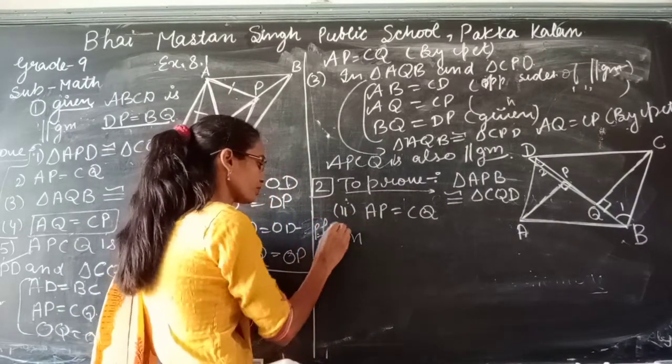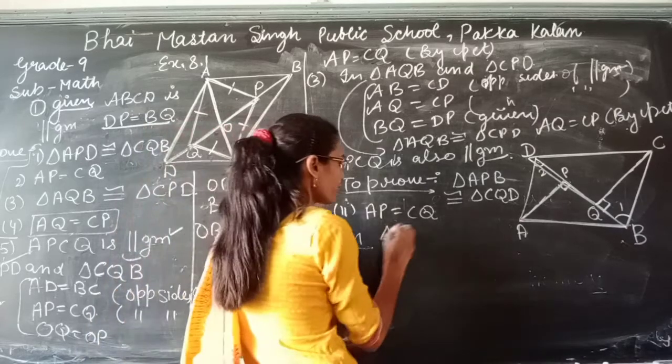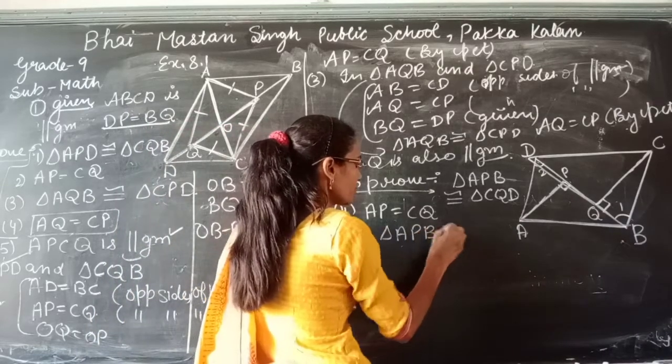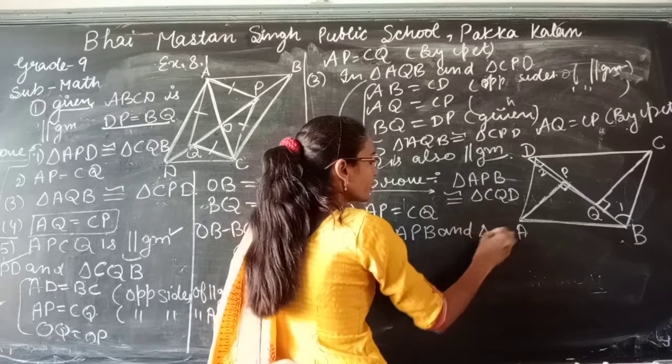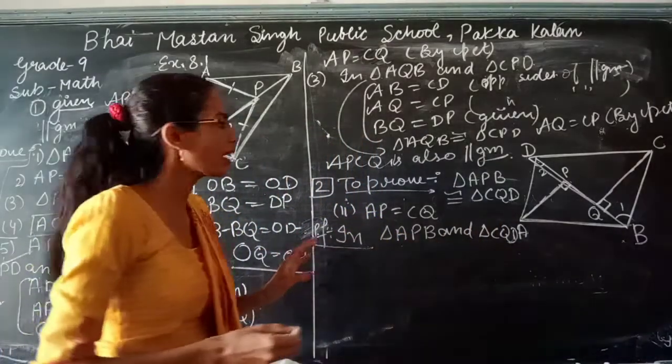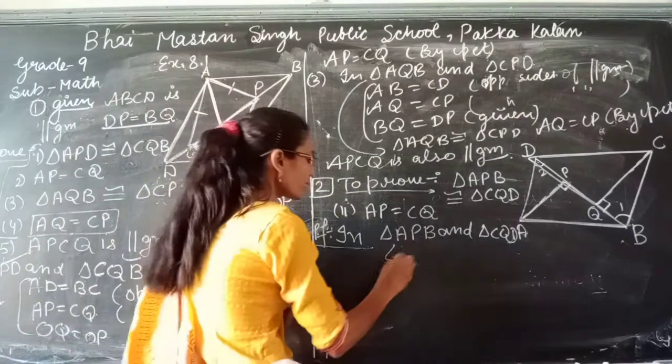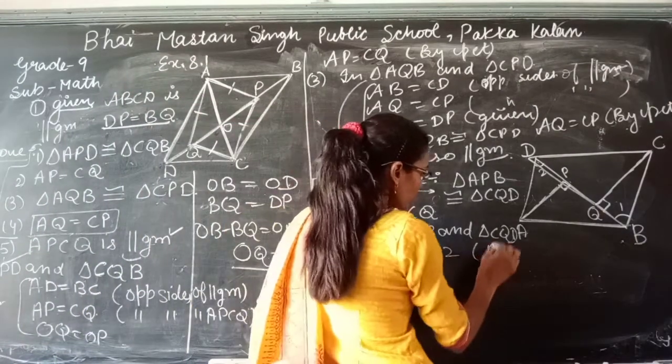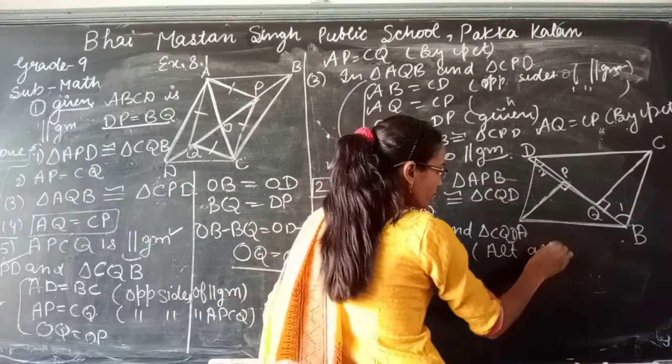Proof. In triangle APB and triangle CQD, what do we have? Firstly, angle 1 is equal to angle 2, alternate angles.